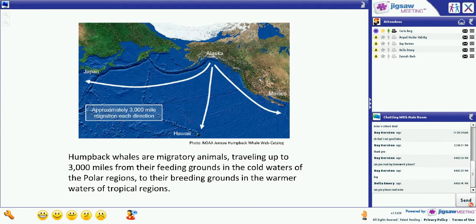They travel up to 3,000 miles from their feeding grounds in the cold winter waters of the polar region, all the way to their breeding grounds, which are in the warmer waters of the tropical regions. So here's a picture where they might start. They may start up in Alaska, and some of the whales go down to Hawaii. Some of the whales go towards Mexico, and some of the whales go towards Japan.